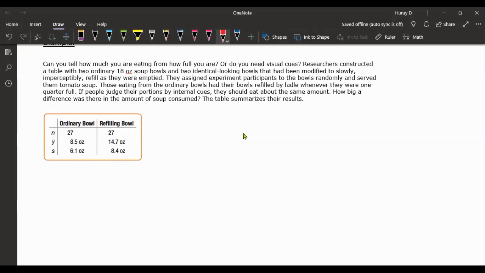So based on this summary, the standard error of y bar 1 minus y bar 2 is given by s sub 1 squared over n sub 1. This has to be squared. Be careful on this.